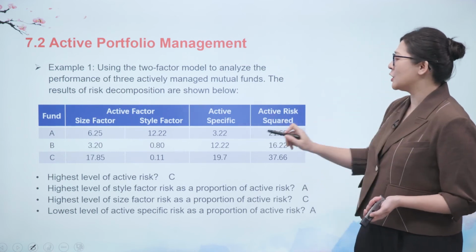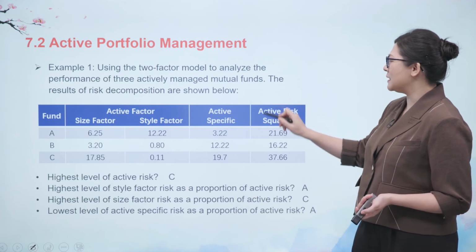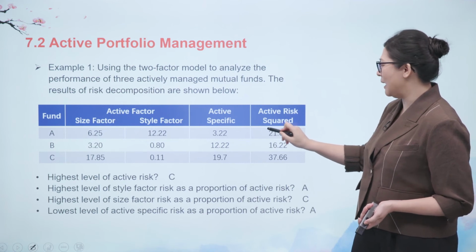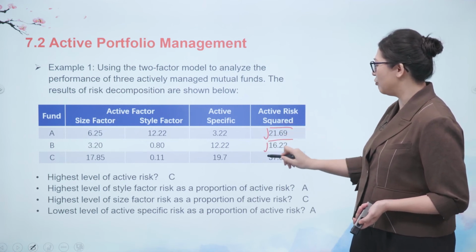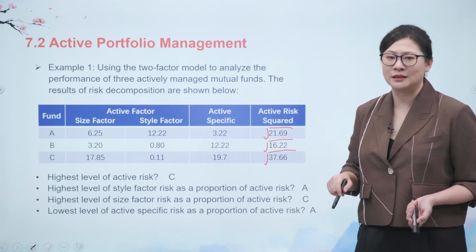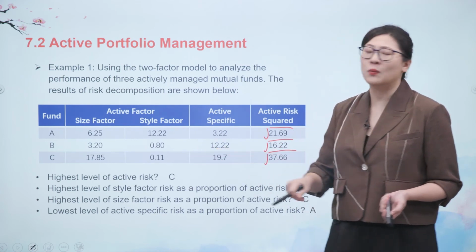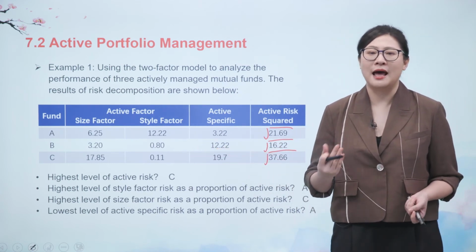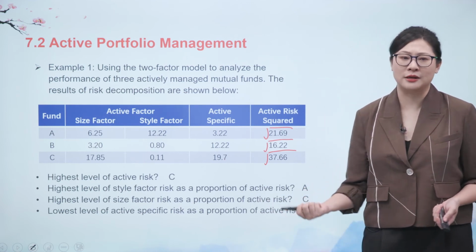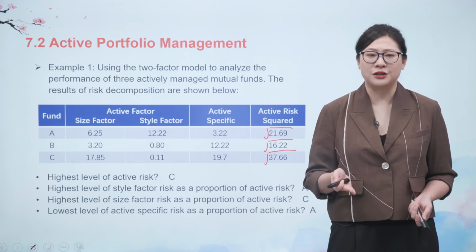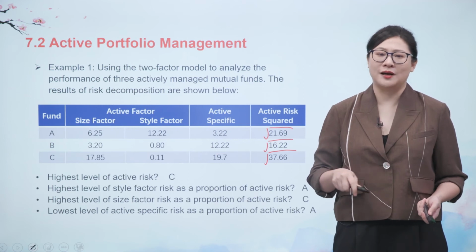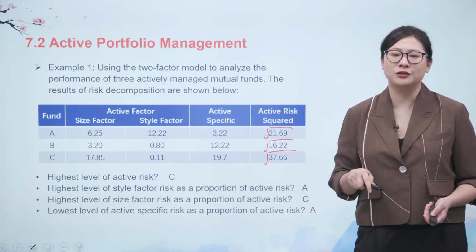But the question asks for the active risk, so based on the active risk squared, we take the square root for each one, and then compare the results. We find portfolio C, fund manager C, has the highest active risk. The second question is which fund has the highest style factor risk as a proportion of active risk?